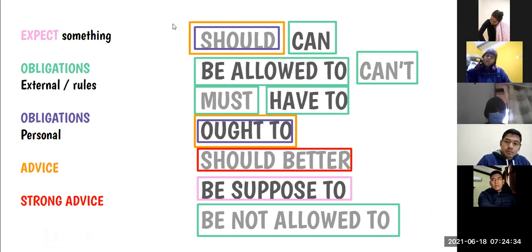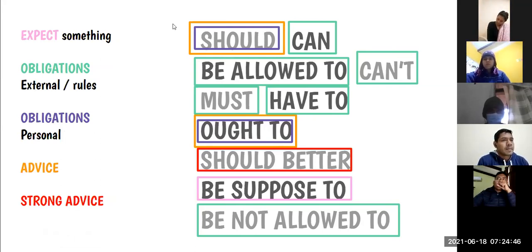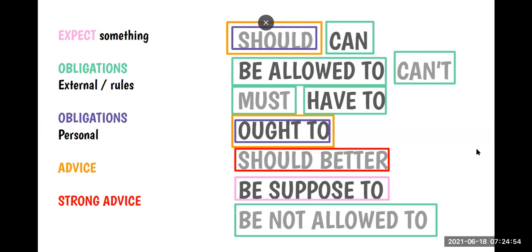Basic form. In the base form. Yes. We never use the verbs in the ing or in the to plus infinitive with modal verbs. We always use modal verbs, and after the modal verbs, we use the base form of the verb. We don't conjugate the verbs after modal verbs.